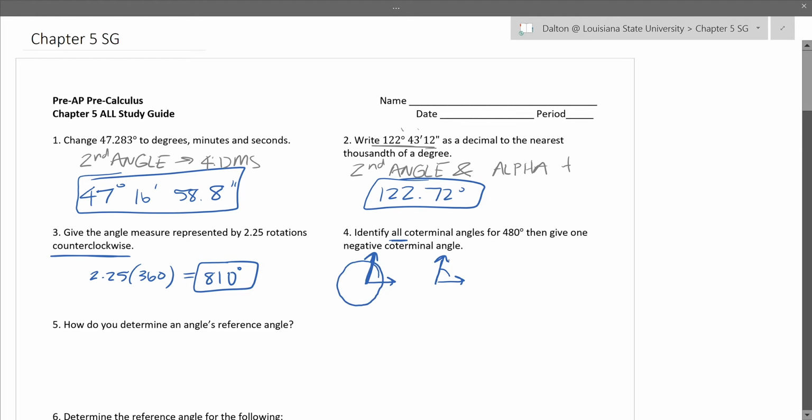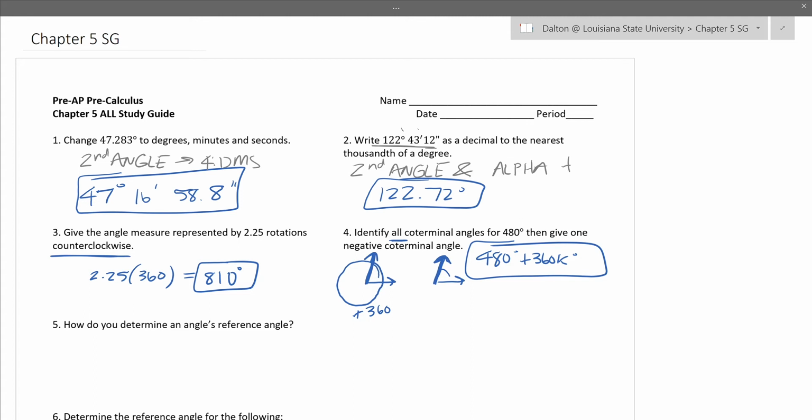So they have the same stopping point, but this one here made another 360 degrees. So the idea is that there are an infinite amount of coterminal angles. I cannot write them all down because we would never stop writing. But we can represent all coterminal angles by doing 480 degrees plus 360k degrees, where k represents integers, and that can be positive or negative, so that'll go clockwise or counterclockwise.